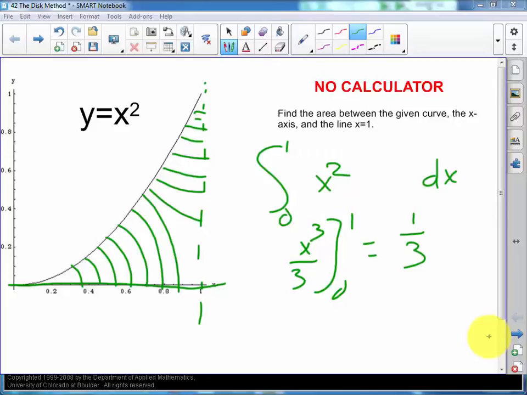Now, I want you to go back, though. How did we find area when we started in January on this? How did we go about estimating these areas? Lots of little bitty rectangles. We would come here and say, okay, if we go at this point and make a rectangle up to here and over to there, we can find the area of that rectangle, and this rectangle, and this rectangle.